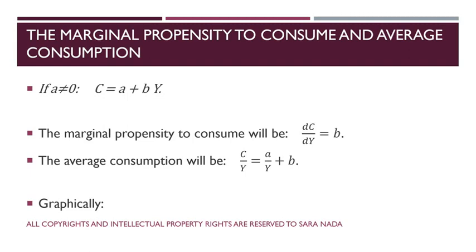We know that the marginal propensity to consume for this function is B. And if we wanted to calculate the average consumption this time, we have to divide the C by Y. So we will get the average consumption equals A over Y plus B. Okay?